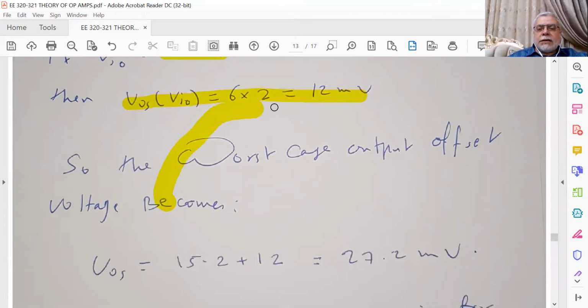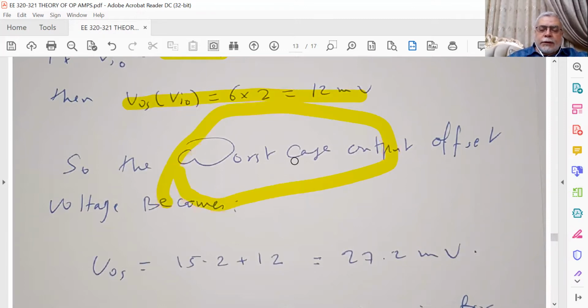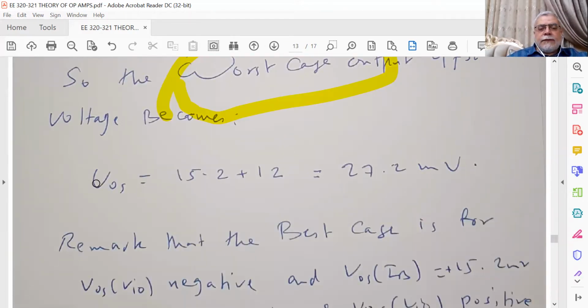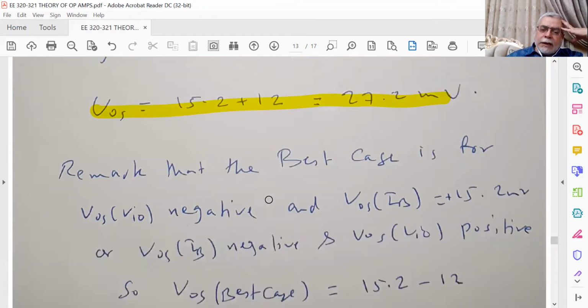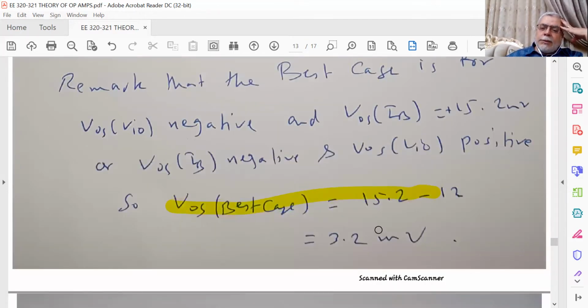So the worst case for both input bias current and input offset voltage, the offset voltage will be equal to 27.2 millivolt when both are positive or both are negative. Now, the best case is if one of them is negative, meaning minus 15.2 and plus 12, or 15.2 and minus 12. In this case, the best case will be equal to 3.2 millivolt.